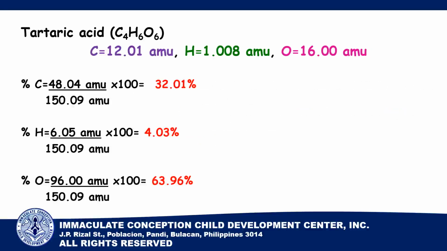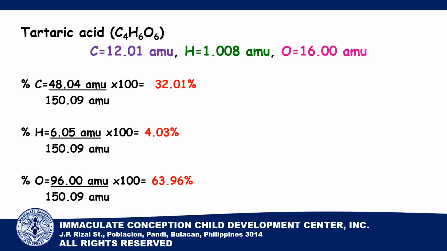Applying the general formula for percent composition for each constituent element will give us, for carbon, 48.04 AMU over 150.09 AMU times 100, which gives 32.01%.